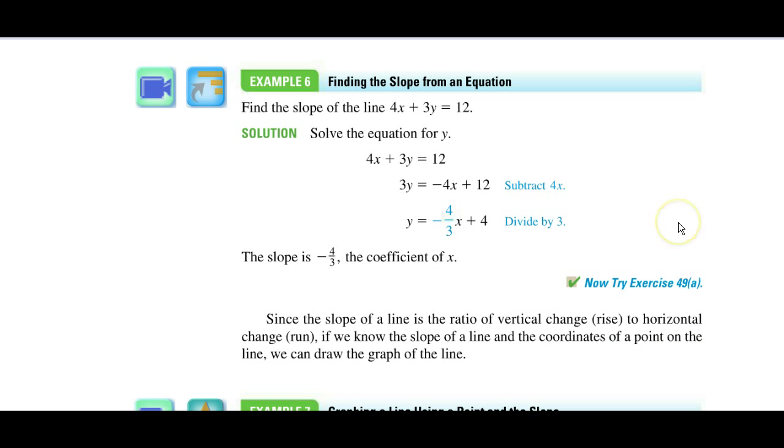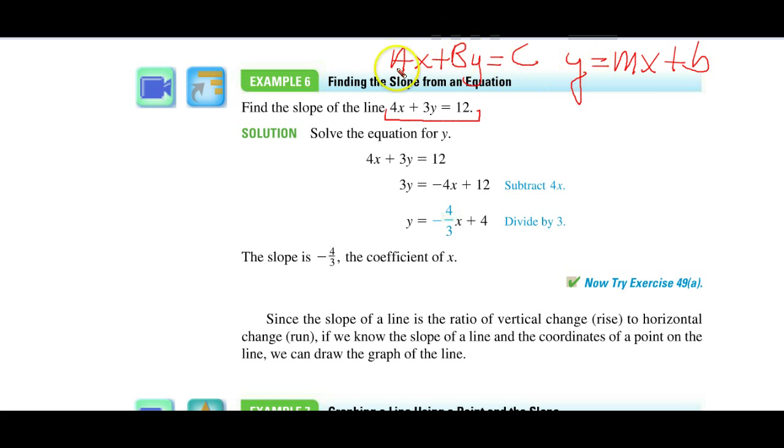But before we do that, we're going to take a look to find if we have an equation that's in standard form, how do we find the slope? This is ax plus by equals c. And we said we could easily find the slope if it's in this form. Y equals mx plus b.